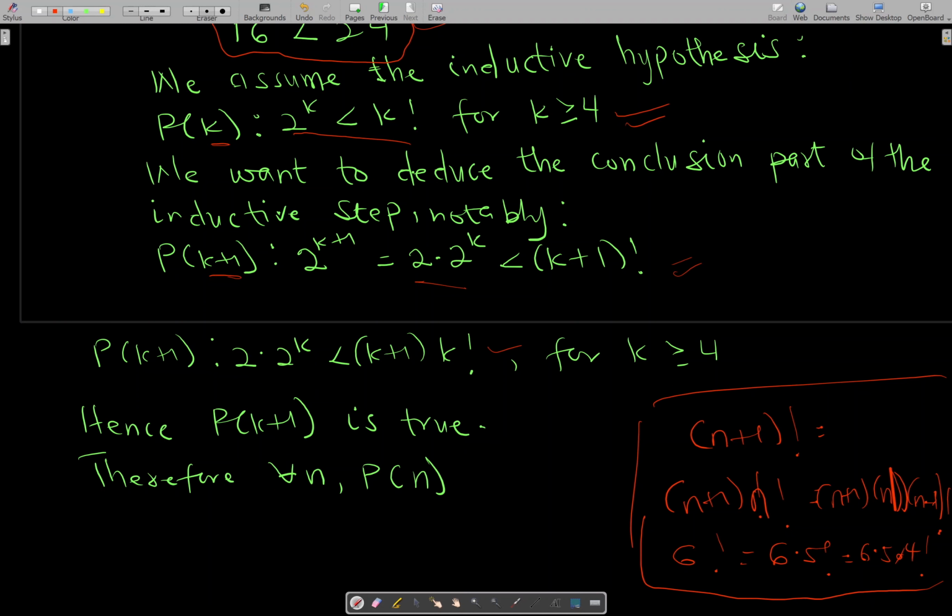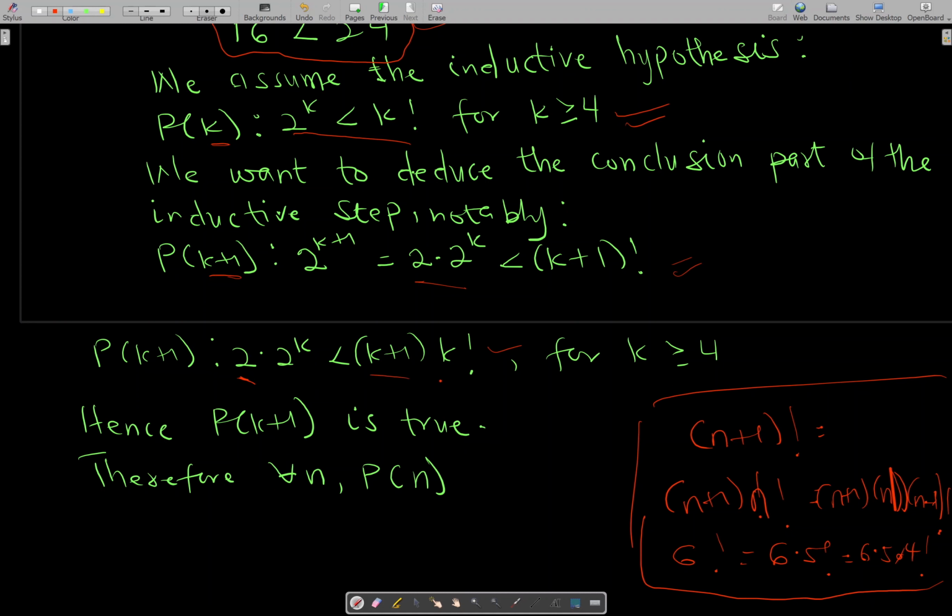Let's compare the two inequalities. Since 2ᵏ is less than k factorial for every k greater than or equal to 4, the 2 multiplying 2ᵏ is clearly less than k + 1.